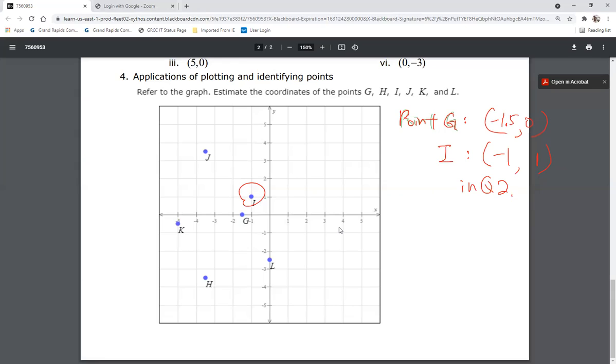If you look at G, G is (-1.5, 0). In class we looked at point L and point G. L is a y-intercept because it's on the y-axis. So the x value is 0, and it looks like the y value is -2.5.